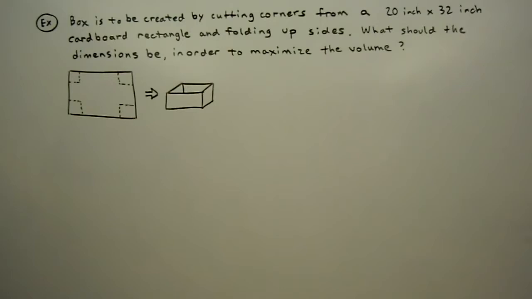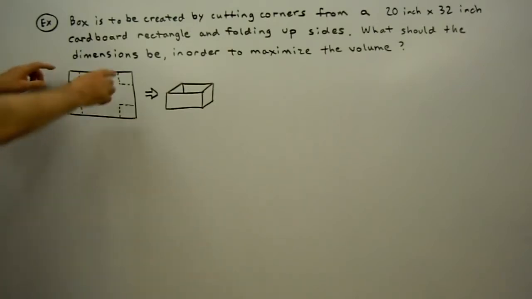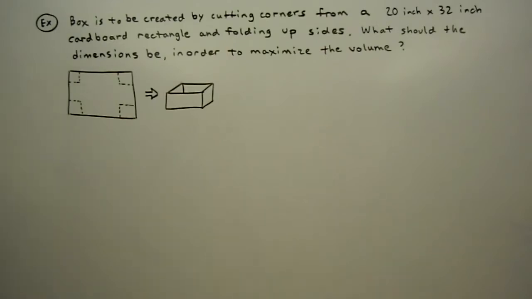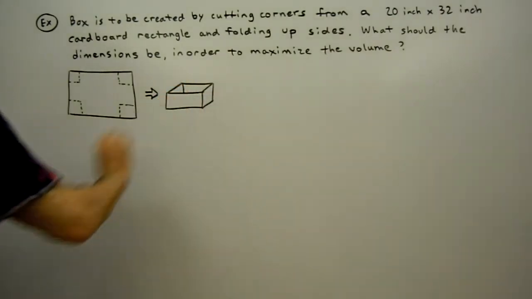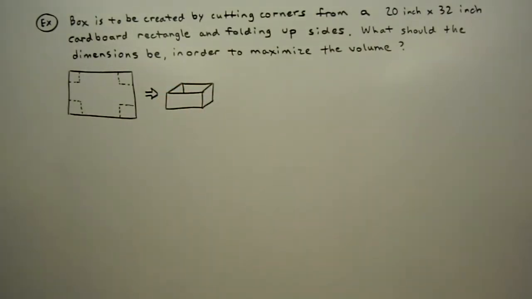What we're going to do with that piece of cardboard is cut away 4 square corners from the cardboard rectangle and fold the sides up so it forms a box with a base and its 4 sides. And the question is, from this 20 inch by 32 inch cardboard rectangle, what should the dimensions of that cardboard box be in order to maximize the volume?